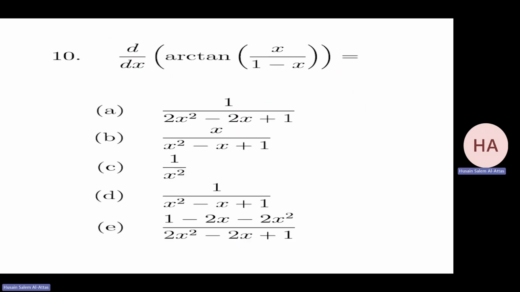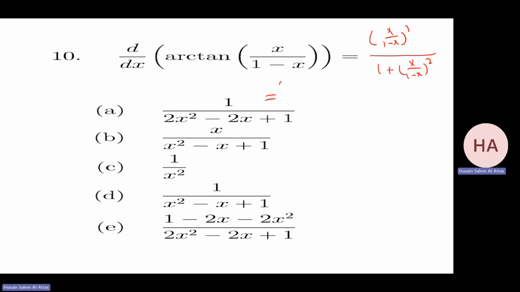Arctan x over 1 minus x. What's the derivative? It will be 1 over 1 plus this, times the derivative of this. And what's the derivative of the numerator?